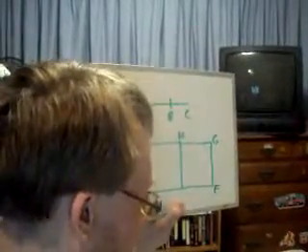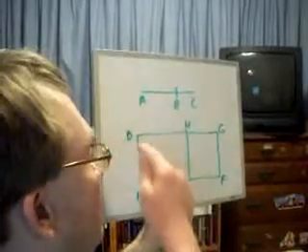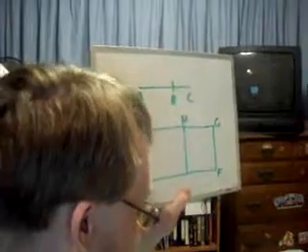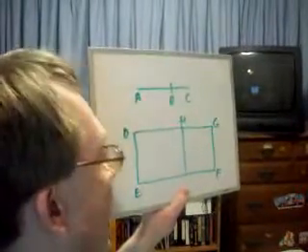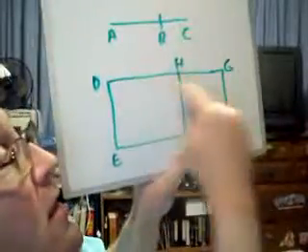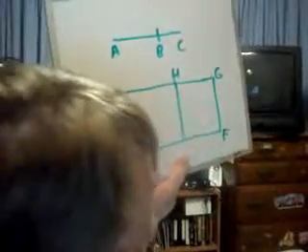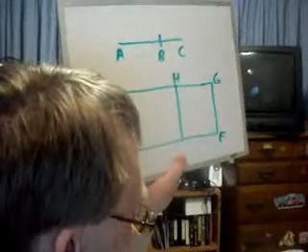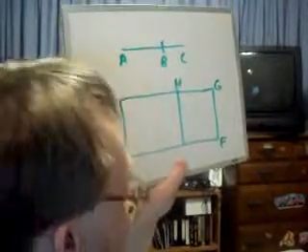For let a rational straight line DE, this is DE right here, be set out, and let the parallelogram DF, this is the parallelogram DF right here, be equal to the square on AC.